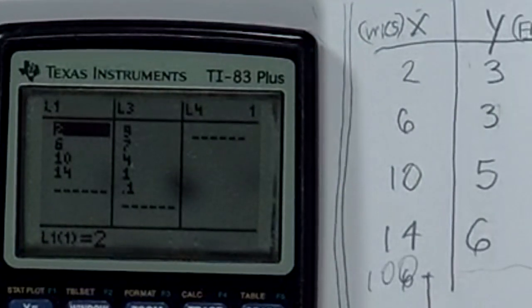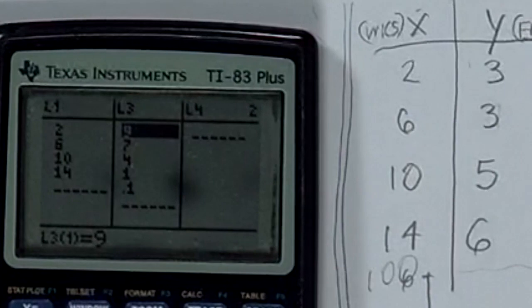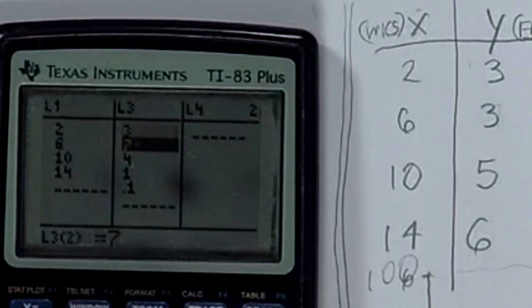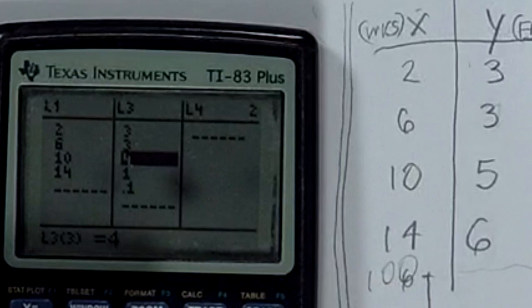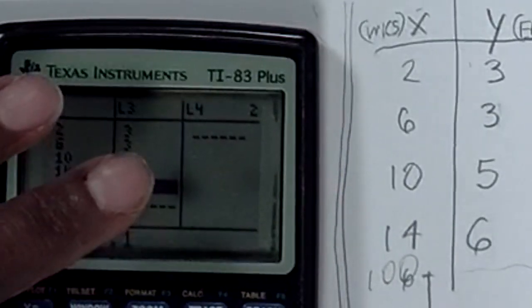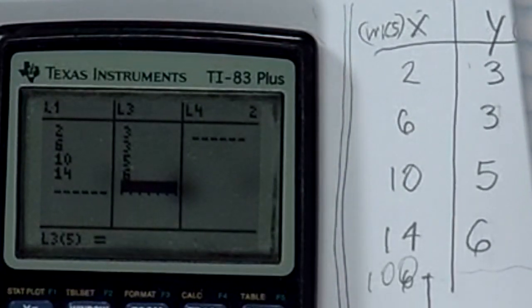Okay. And then in my column labeled L3, I've got 3, enter, 3 again, and then 5, and then 6. And let me delete everything else that's there. Let's try to get this same equation using the calculator.